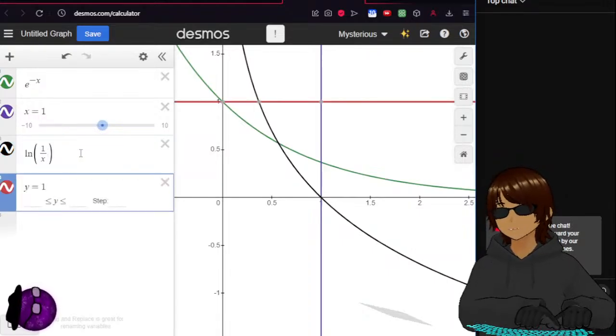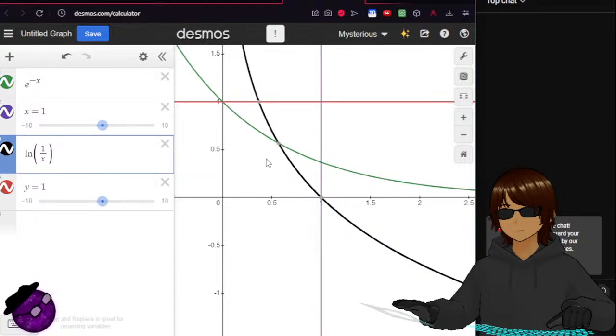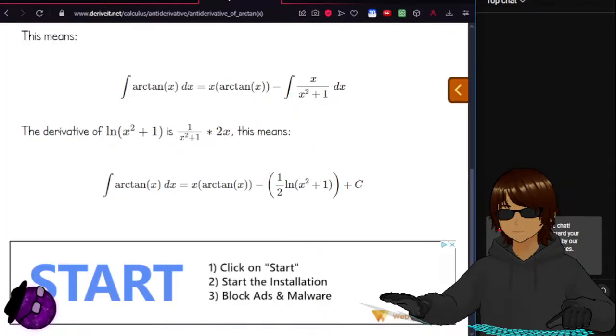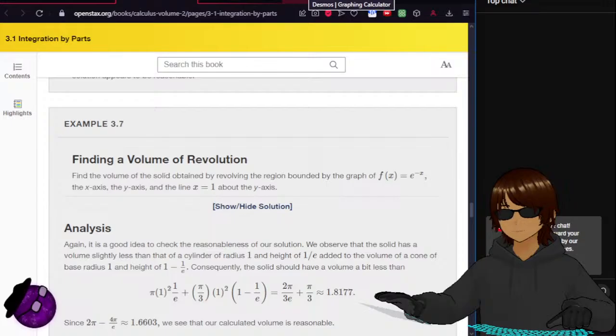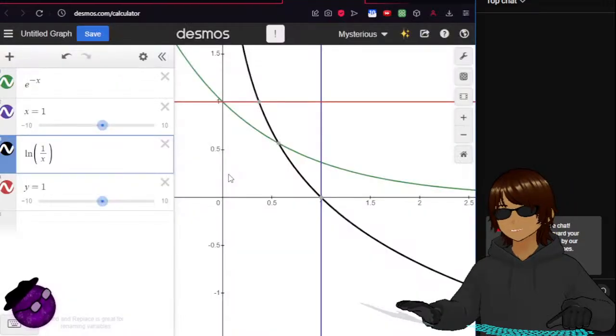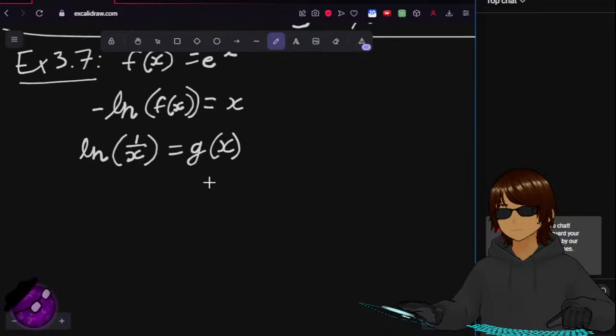If I do y equals 1, we need the line x is equal to 1. You need to use the disk method, right, from 0 to 1, but on the y-axis with the inverse. So 0 to 1.